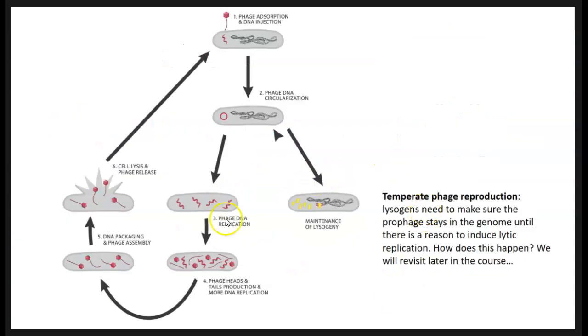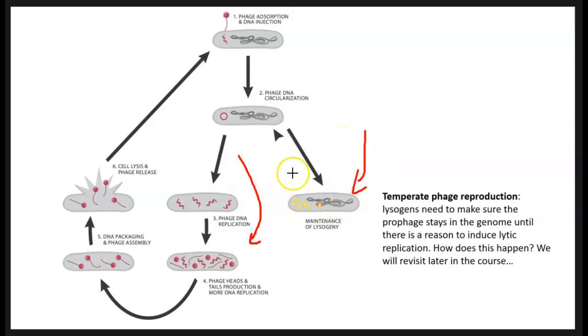Right. So this is a diagram of temperate phage reproduction. Remember that temperate phages can reproduce either as a lysogen, right, as part of the bacterium, or they can reproduce lytically. Right?